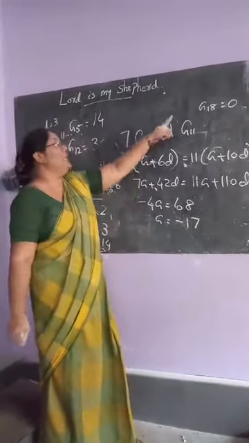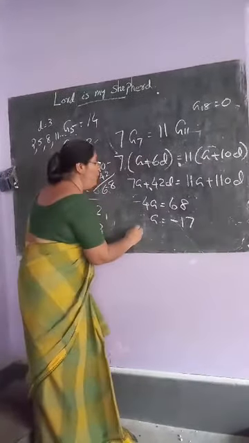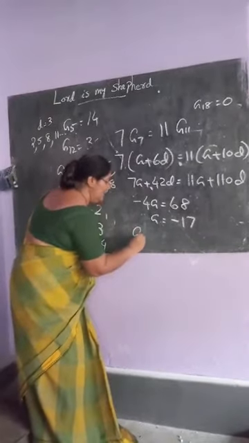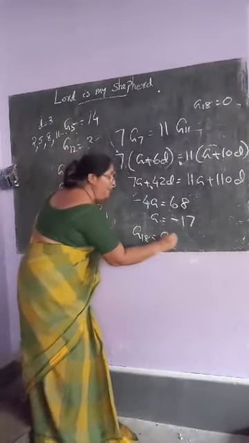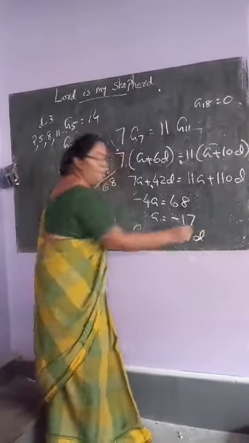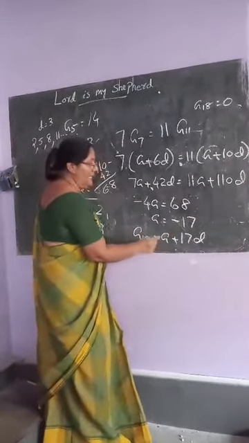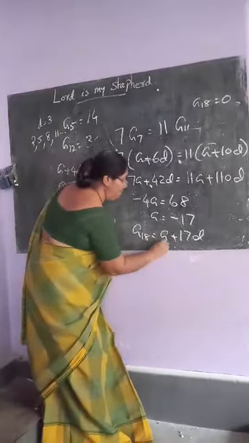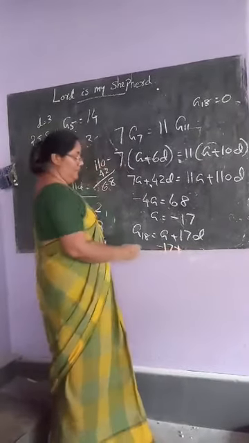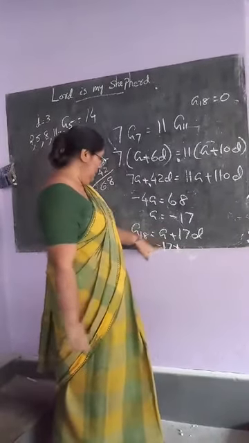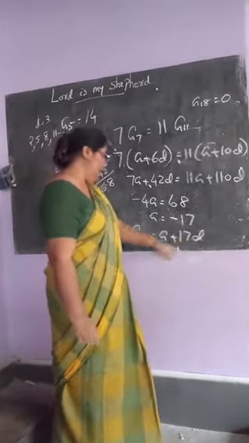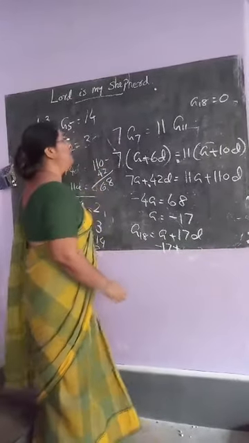Our question is A18. What's the formula? A18 is equal to A plus 17D. Therefore, what is your A?